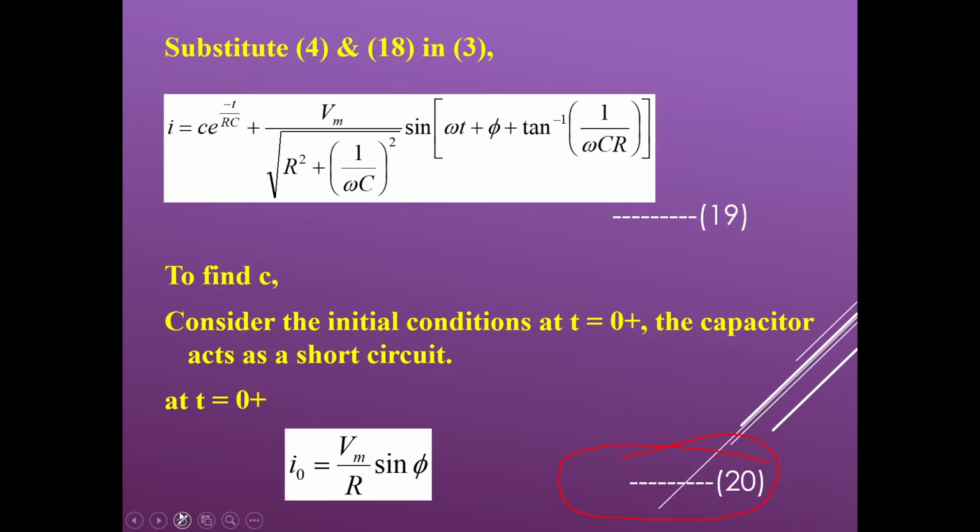So here you can substitute 0, here you can substitute 0, here also you can substitute 0. So from equation 19, this whole term becomes 0, because the capacitor is acting as a short circuit, which means we can assume the capacitor does not exist.